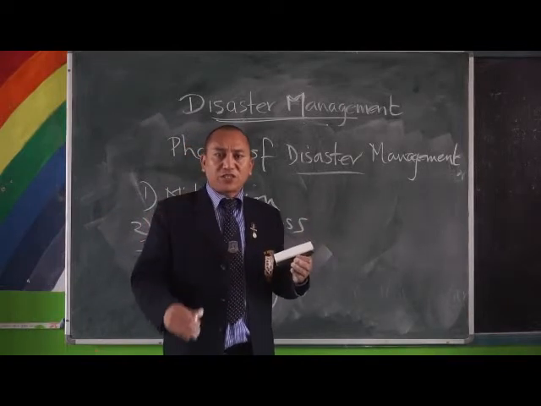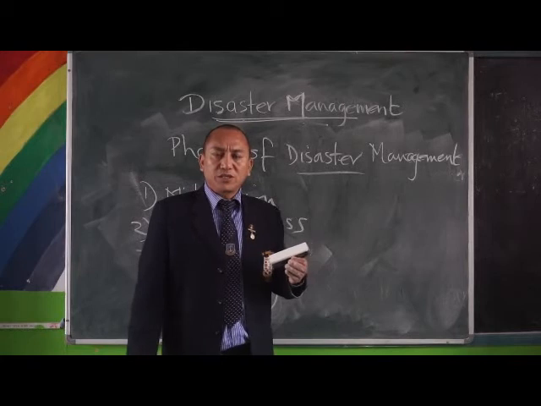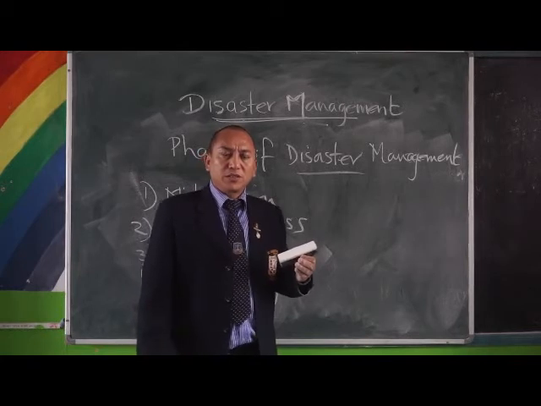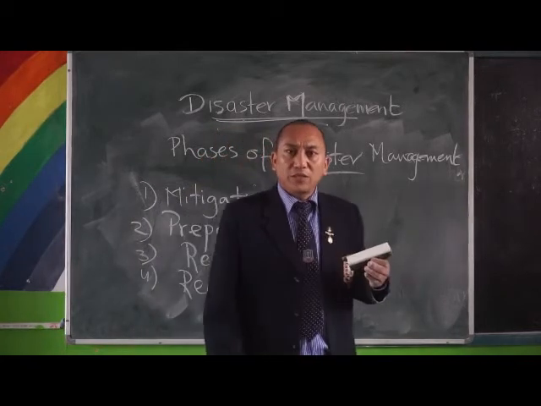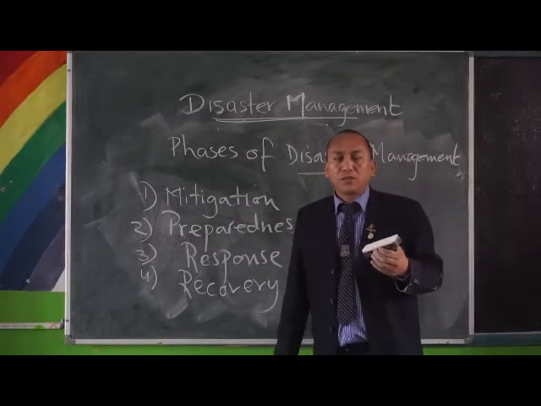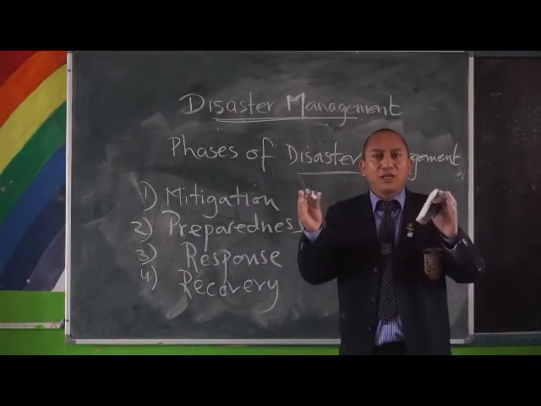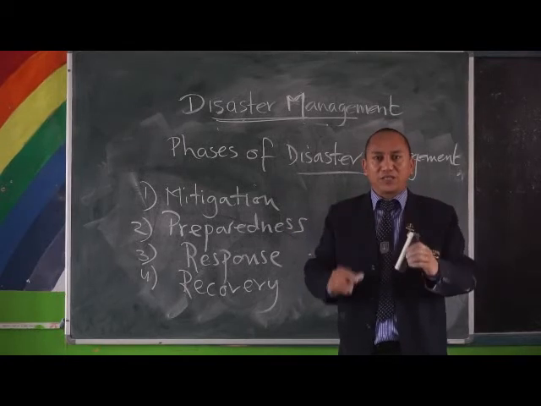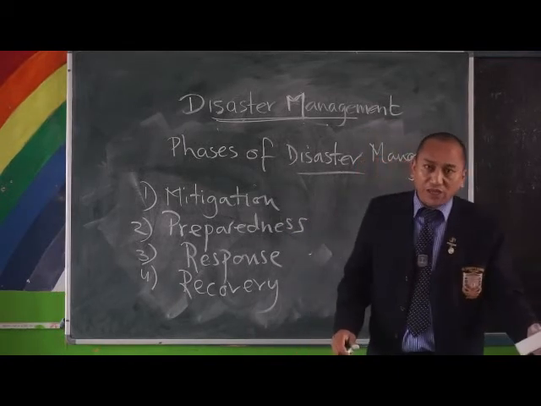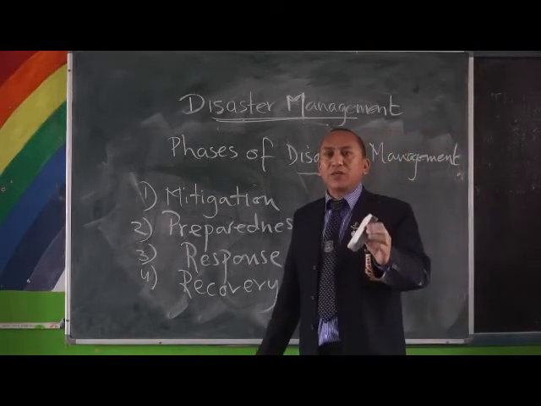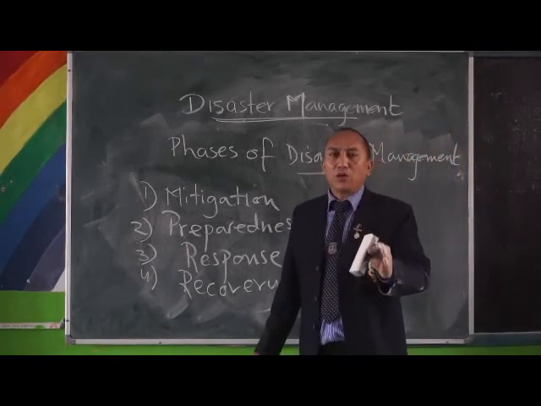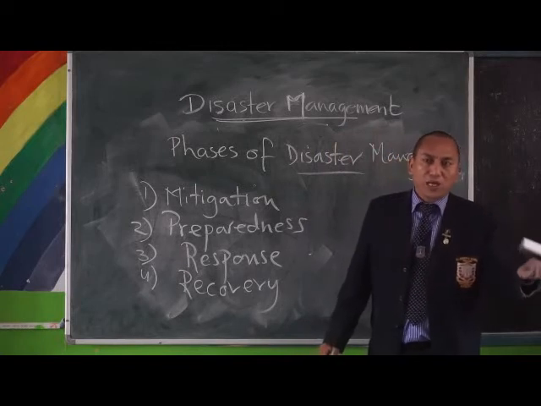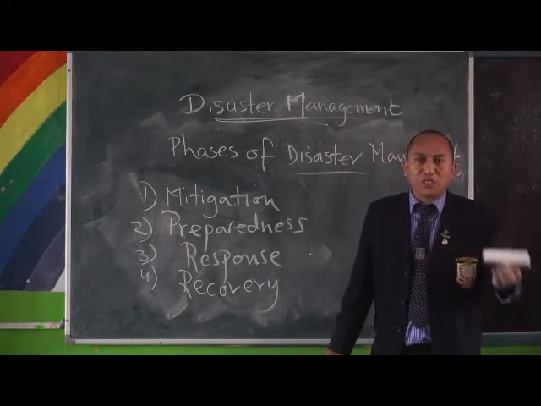Our Honorable Chief Minister, Sri Prem Singh Tamang. He is overlooking these aspects to make sure that the disaster does not take place in the state. So at the state level, the disaster management is under the charge of the Chief Minister of the state.